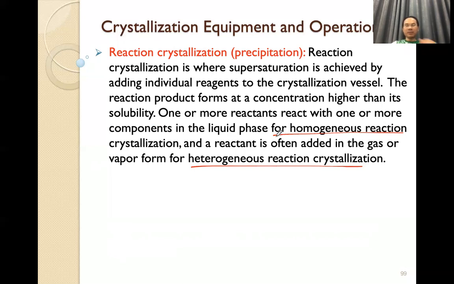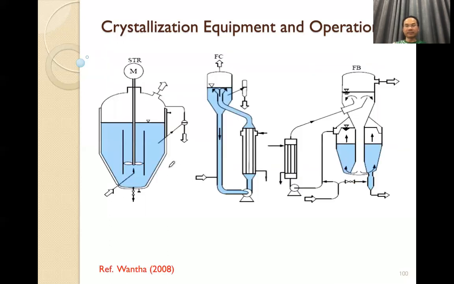For heterogeneous, we have the liquid phase, and then you add a gas or vapor phase to the crystallizer, and we get a reaction to produce the crystal and new chemical. Homogeneous means we add a liquid phase to the liquid phase. We get the reaction, and we get a new crystal and a new chemical.